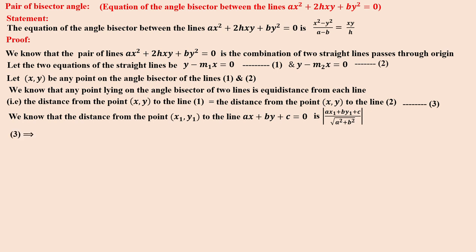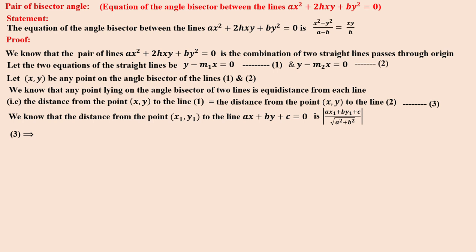So from equation 3, the distance from the point xy to line 1: instead of x1 y1 you put xy. Check the first line, y minus m1x is equal to 0. a is the coefficient of x, which in the first line is minus m1, so instead of a you put minus m1.